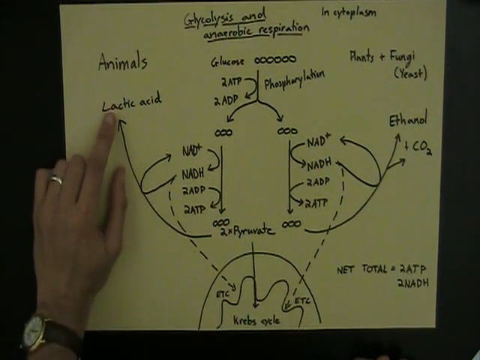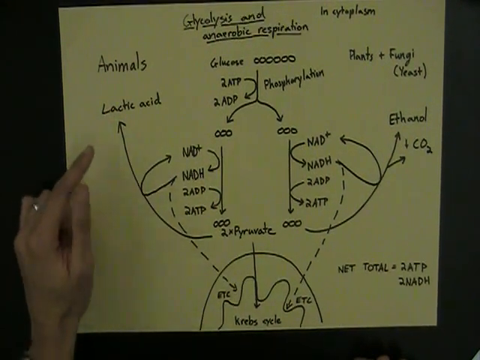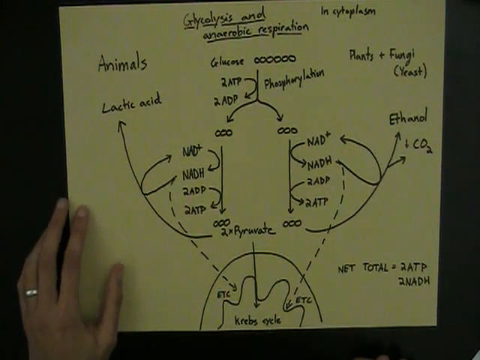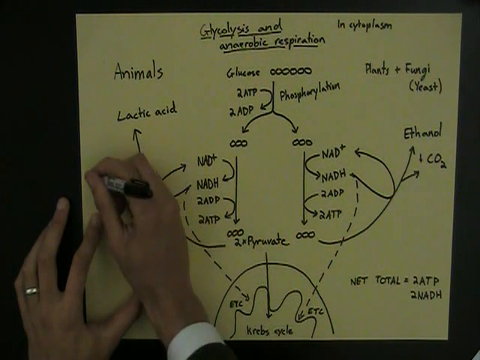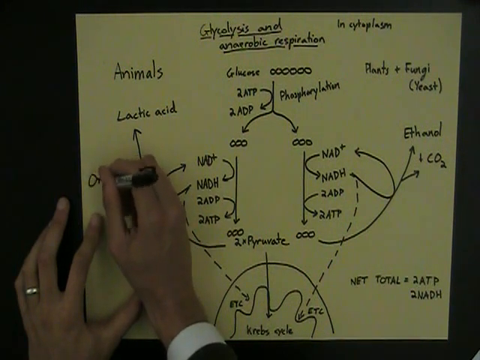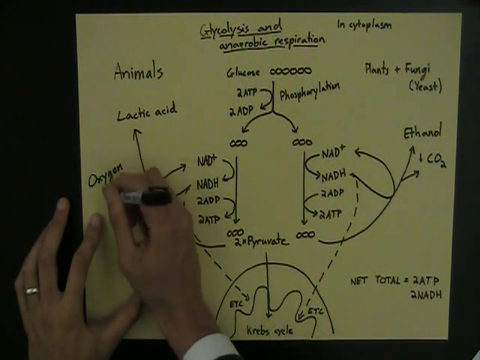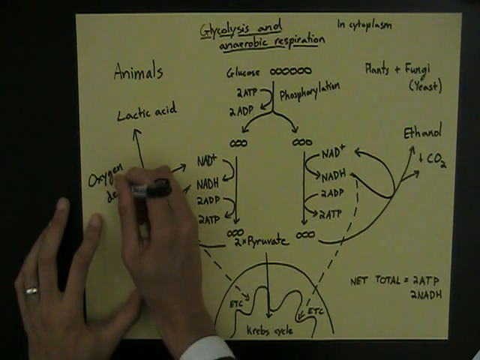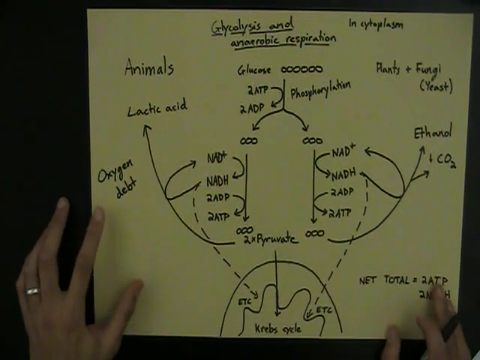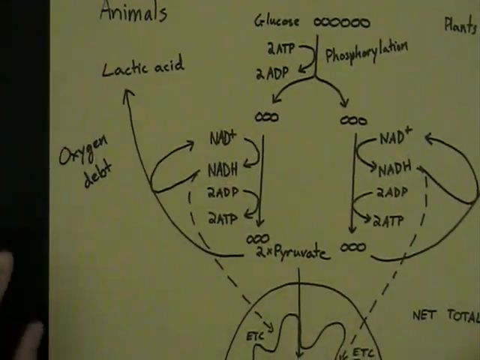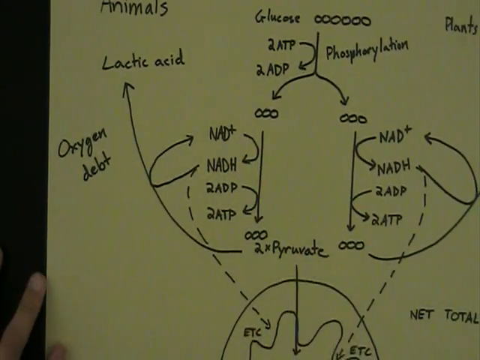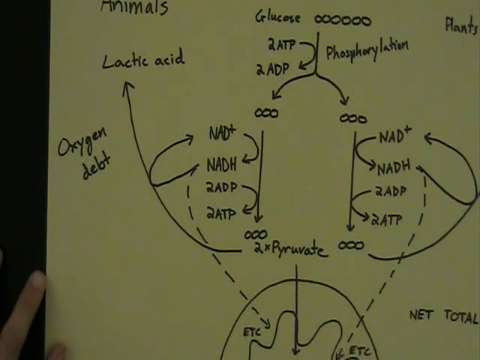But we pay for this lactic acid in that we have to break it down using oxygen. This creates something called oxygen debt. The amount of oxygen that is needed to break down the lactic acid that is built up in our system as a result of respiring anaerobically. It's part of the reason why we have to breathe heavily after exercise.